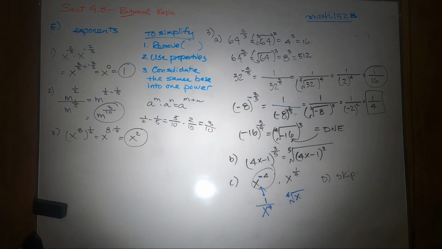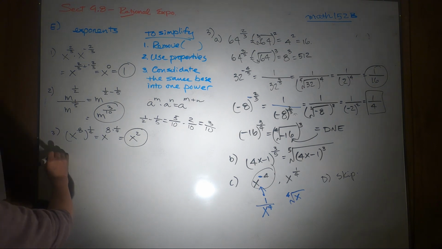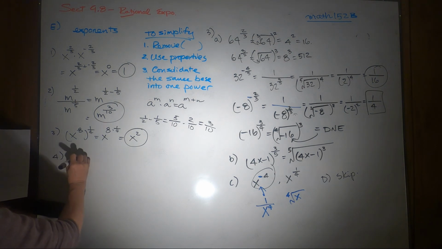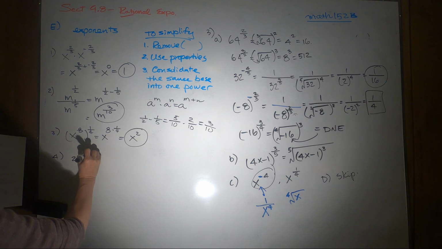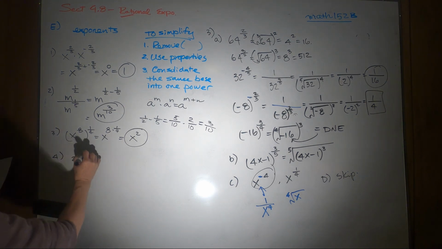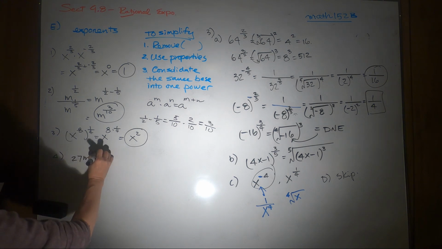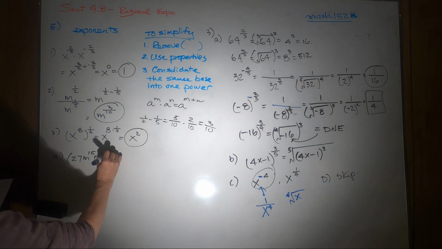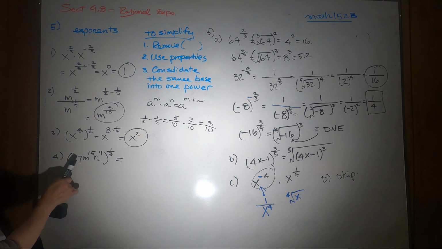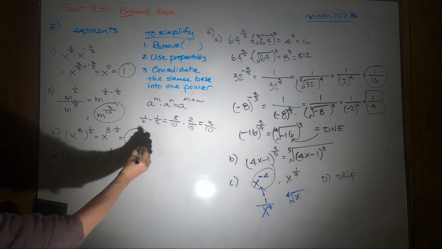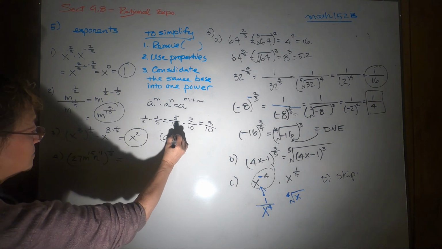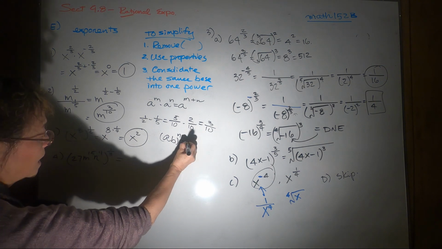Okay, let's see the next one. If we have 27 n to the 15th power, n to the 11th power, then take 1/3. So three bases with a power, we use what? (abc)^n equals a^n b^n c^n, the power of a product.